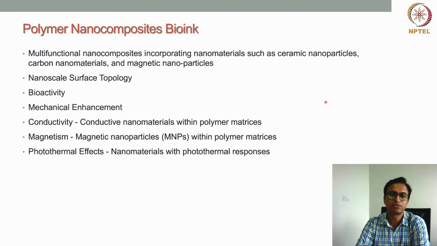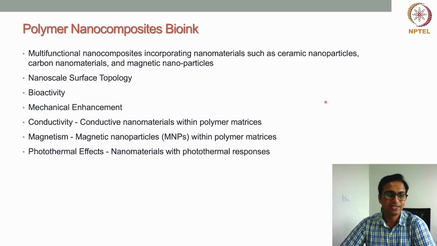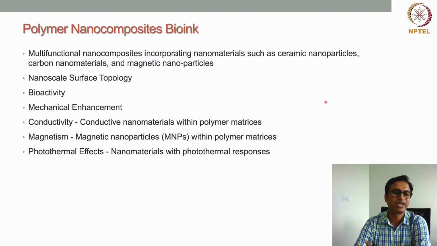All these different types of nanoparticles are incorporated within the biomaterial or hydrogel system, and then a nanocomposite is developed. That nanocomposite is a multifunctional one, where different properties can be improved further. One such advantage of incorporating nanomaterials within the hydrogel or biomaterial system is that the nanoscale surface topology can be improved.